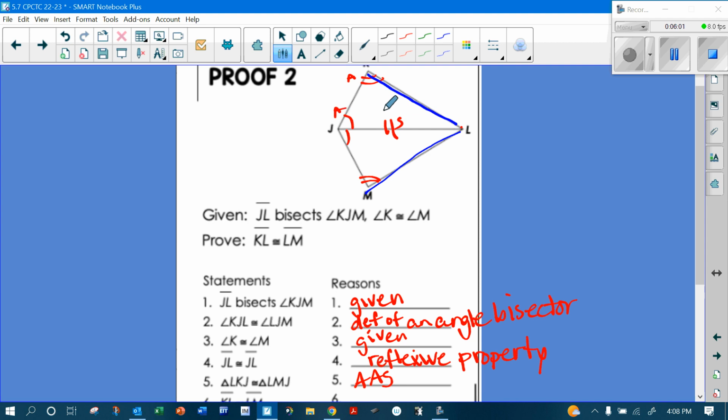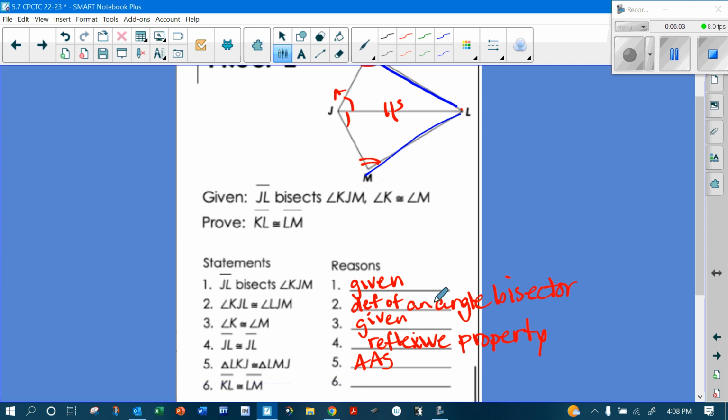Well, if the two triangles are identical, then all of their parts are also identical. So this is CPCTC. Notice that was first. So anytime they want you to prove two pieces are equal to each other, more than likely, it's going to be the last thing.